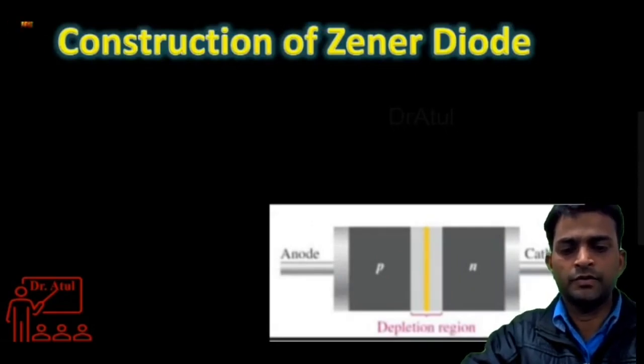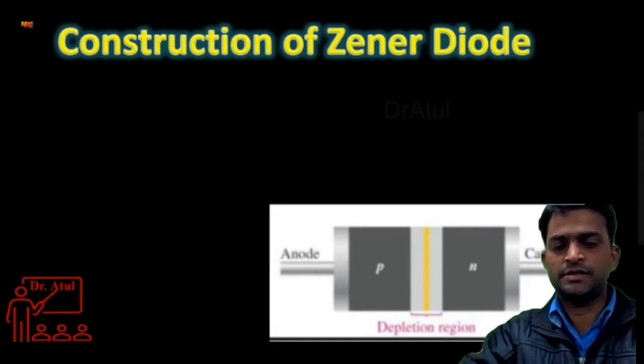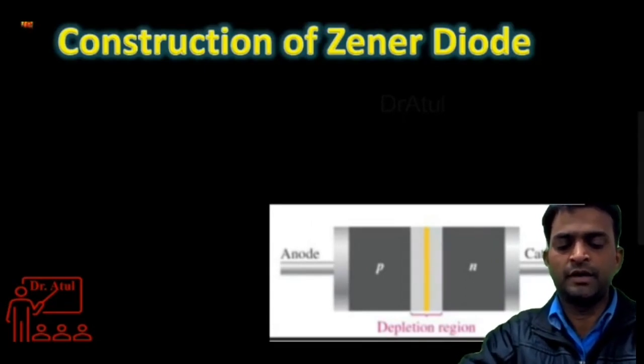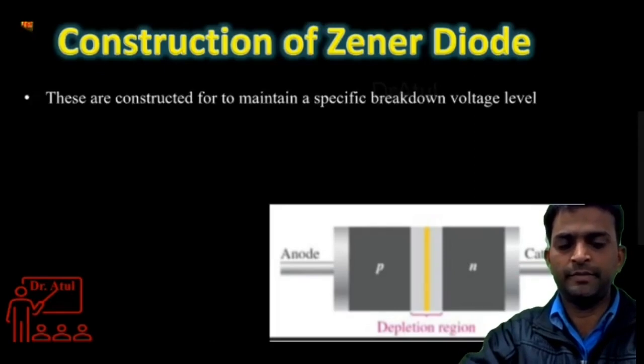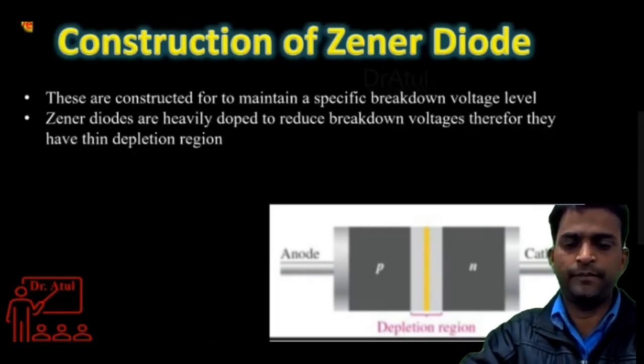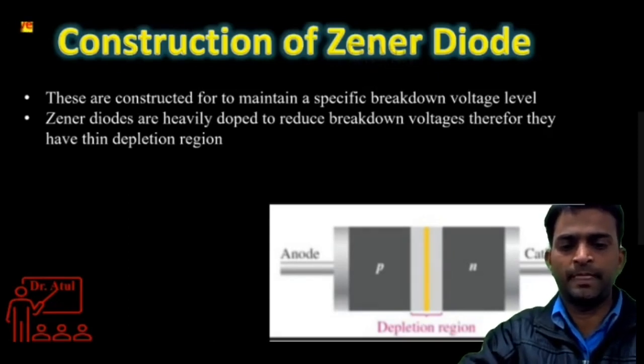Okay, this is the construction of the Zener diode. Here are P type material and N type material, similar to the normal diode. This is a round shape Zener diode, and the doping level is maintained or changed to set the breakdown voltage.